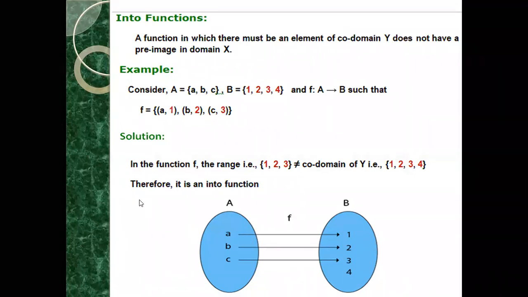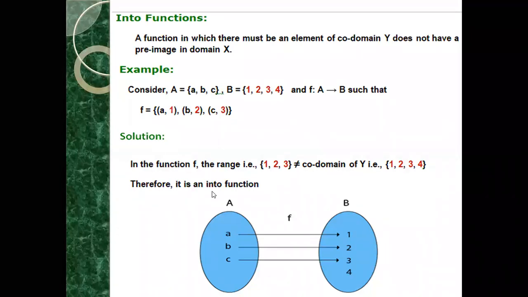So the range of the function F is {1, 2, 3}. What is the range of this example? a is related to 1, b to 2, c to 3, so 1, 2, 3 is the range of the given function. So the range does not equal the codomain Y. Simply say that the range is not equal to the codomain.